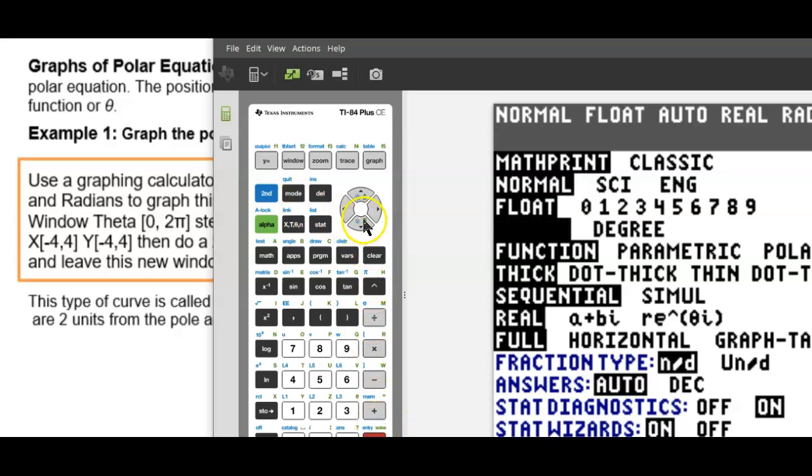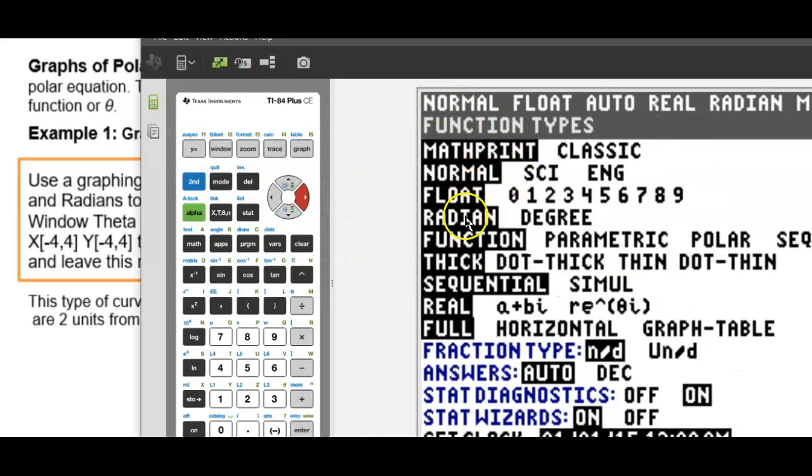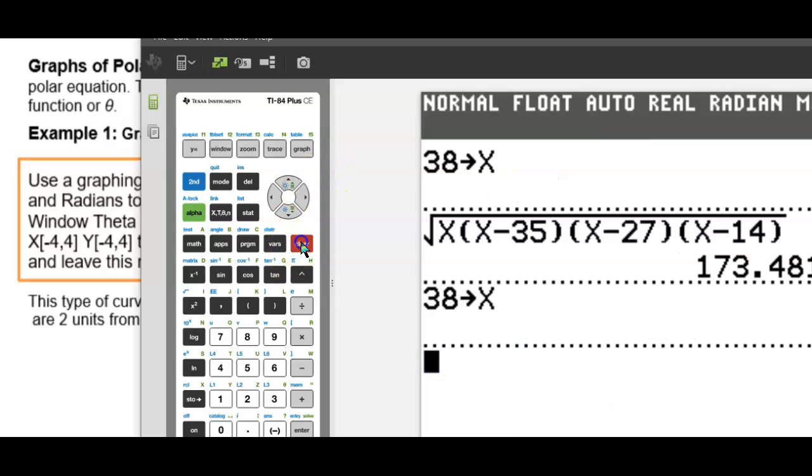But then you're going to go down below to function and over to the right to polar. So we are at radians, and instead of function, we're going to hit enter when we're on polar. So it should now say at the top, when we hit clear, it says radians. I don't know if this MP is mode polar, maybe.